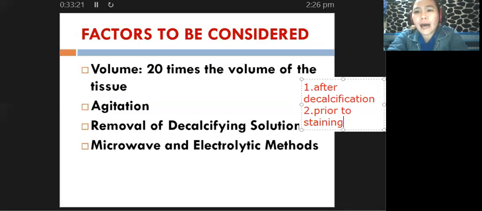Because again, we go back: what step is greatly affected by decalcification? It's the staining step in your tissue processing.